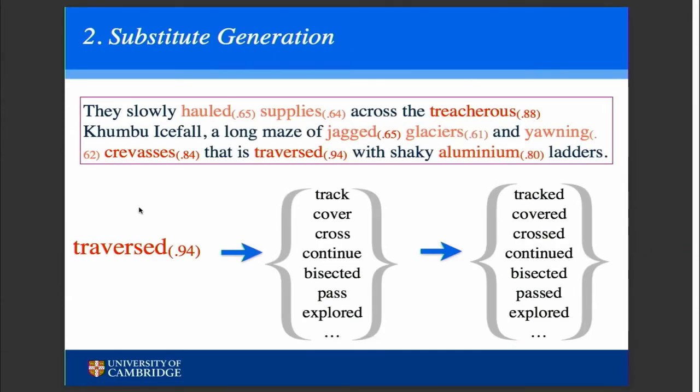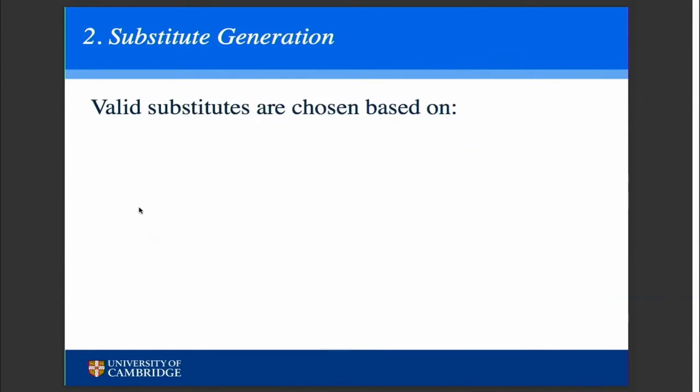And once we have this set, we then have to make sure that they're in the correct tense or the correct plurality as the original word, so that we know that when we put it back into the context, it will actually make sense. So once we have generated this set of synonyms, there are certain criteria that we have to actually narrow down by.